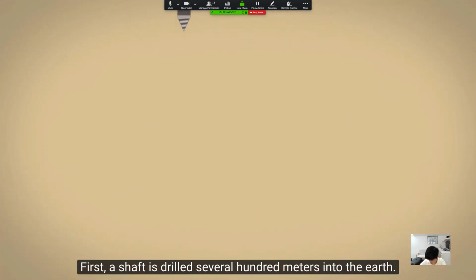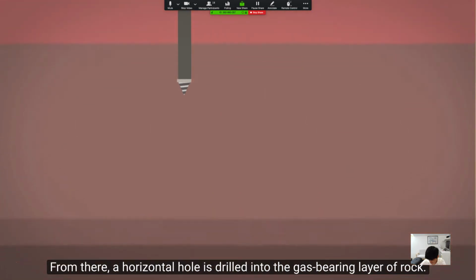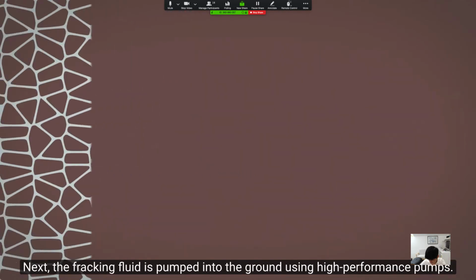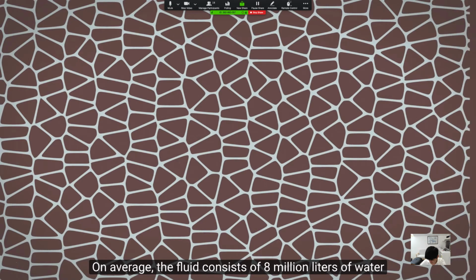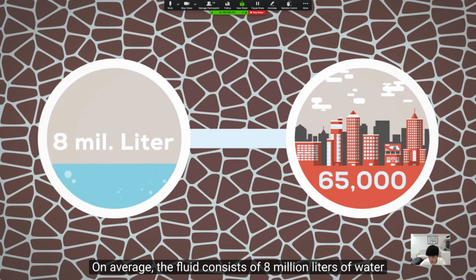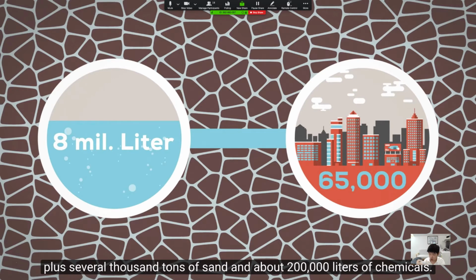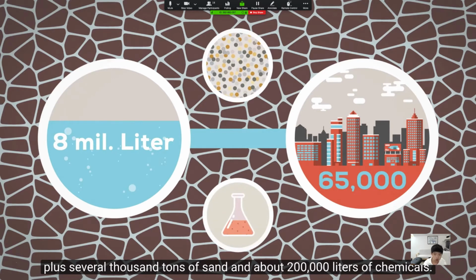First, a shaft is drilled several hundred meters into the earth. From there, a horizontal hole is drilled into the gas-bearing layer of rock. Next, the fracking fluid is pumped into the ground using high-performance pumps. On average, the fluid consists of 8 million liters of water, which amounts to about the daily consumption of 65,000 people, plus several thousand tons of sand and about 200,000 liters of chemicals.